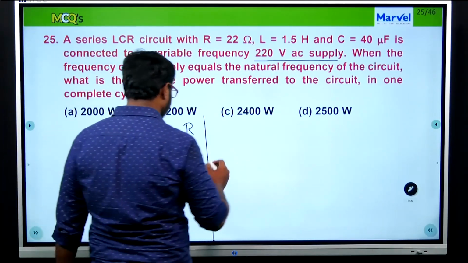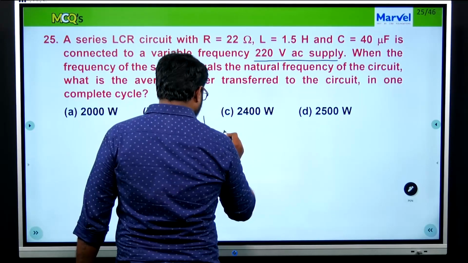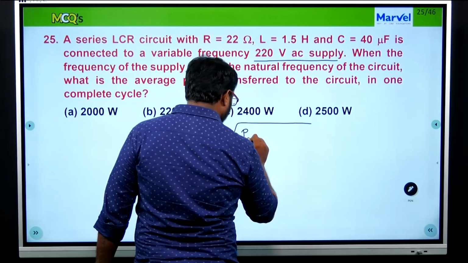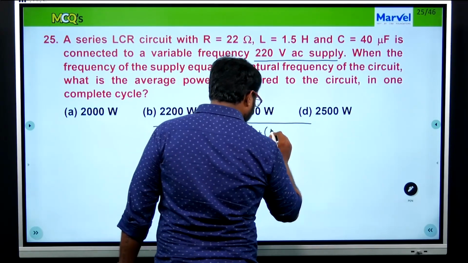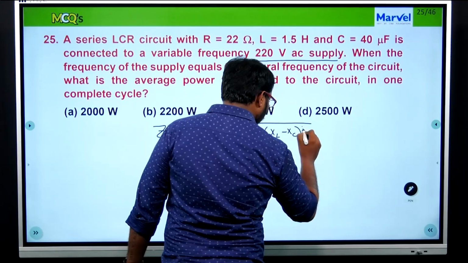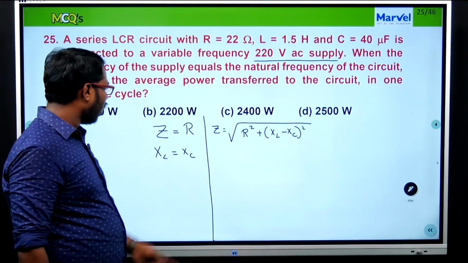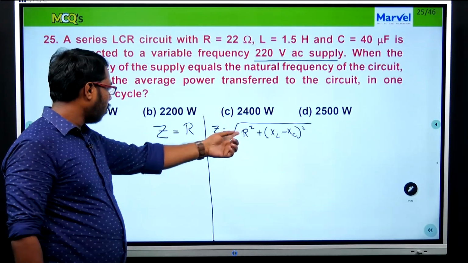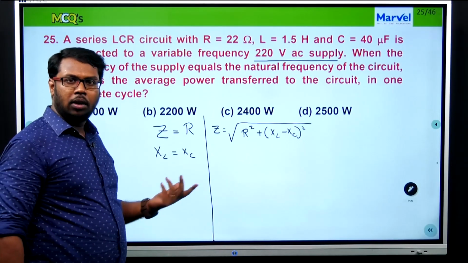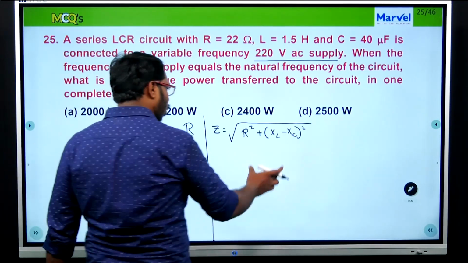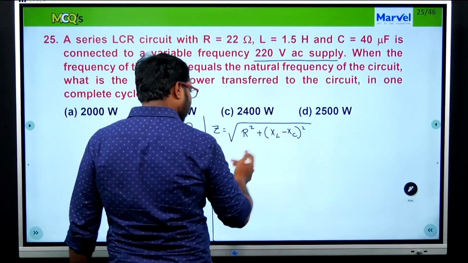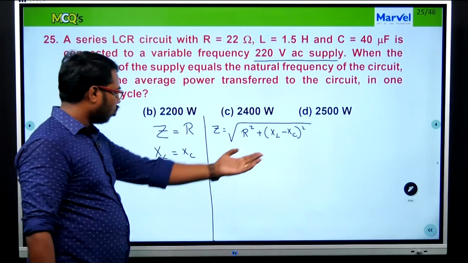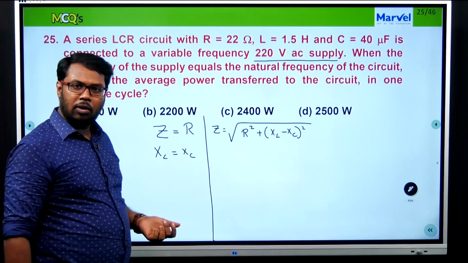See, Z is the impedance, which is the square root of R squared plus (XL minus XC) the whole squared. Now I will square on both sides, and we already know Z and R are going to be the same. If I take that R squared to the other side, it goes 0, and you are left only with (XL minus XC) squared. If I take even this to the other side, it becomes XL equal to XC. So this is how I get to XL equal to XC.